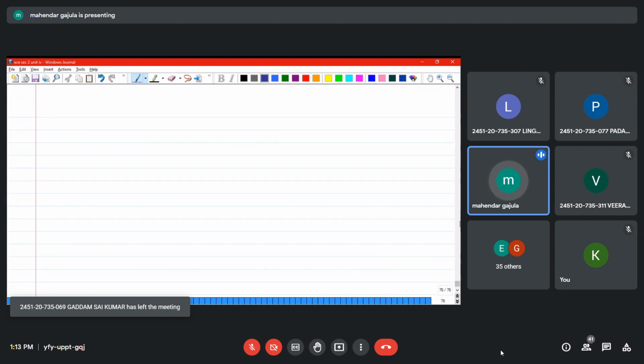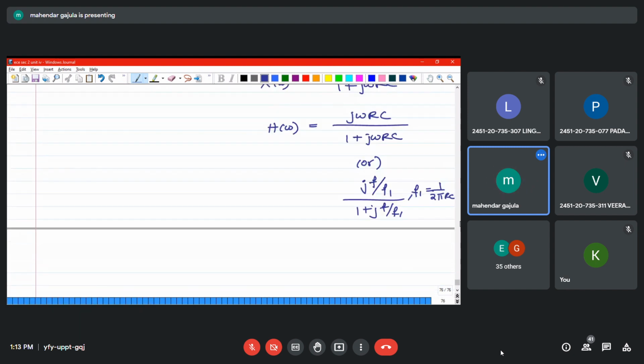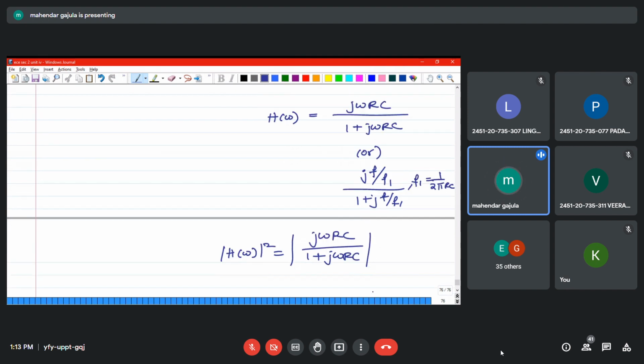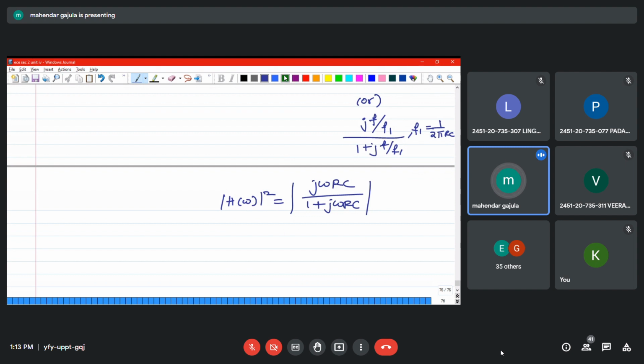Anyway, we have H(omega). What we want is mod H(omega) square. So we have to apply the magnitude on this: magnitude of j omega RC by 1 plus j omega RC. What is the magnitude of X plus jY? Mod of it is the root of X square plus Y square.